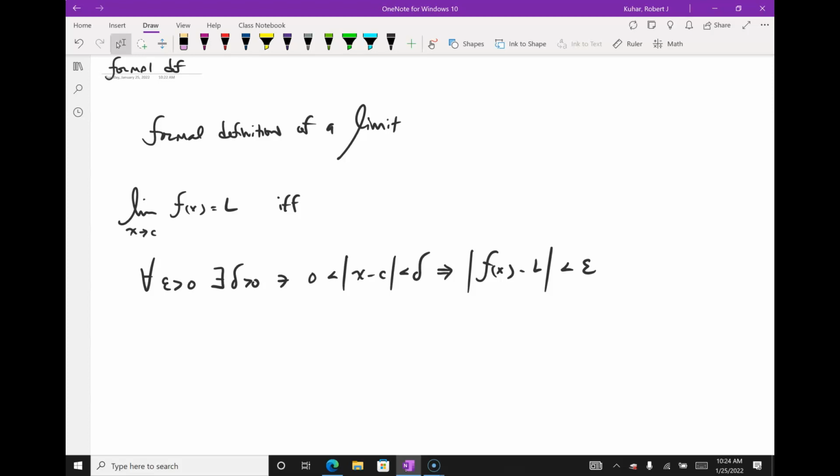This one says I can find such a number, such that if 0 is less than the absolute value of x minus c, if my x's are getting closer and closer to c within this range of delta, remember how I did 0.1, 0.01, 0.001, always keeping it bigger than 0 and making sure it's less than delta, then my function should get really, really close to L within my bound of epsilon.